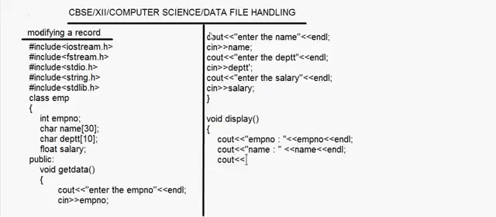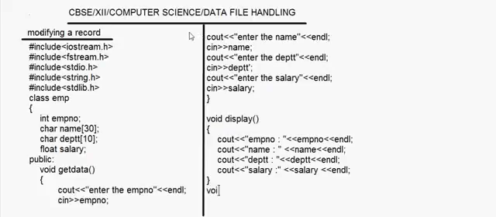Cout department here and endl, and then finally the salary. This is the salary here and endl. Okay, this is the end of your display method.